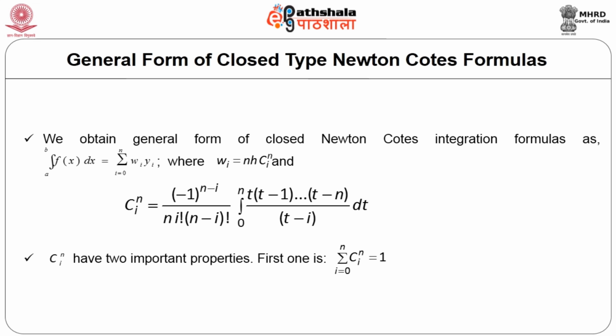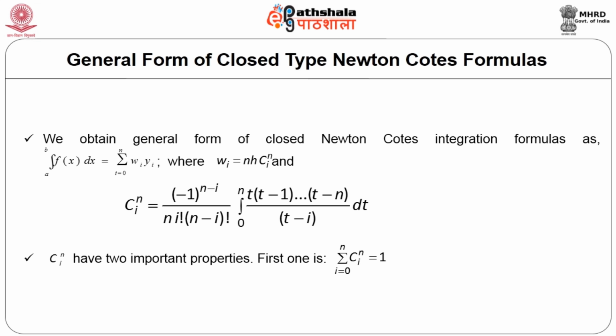These NCi are called Cotes coefficients, Newton-Cotes coefficients. And the weights are given in terms of the Newton-Cotes coefficients as nh into NCi. nh is nothing but the length of the interval of integration a to b, because h is (b minus a) by n, and n is standing for the degree of the polynomial of approximation.